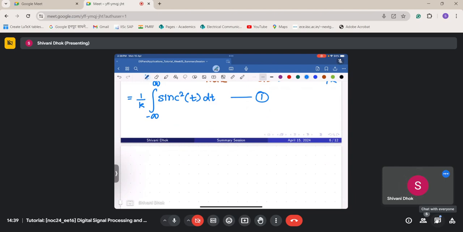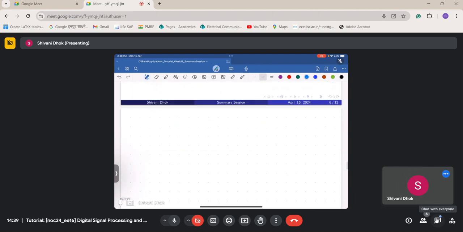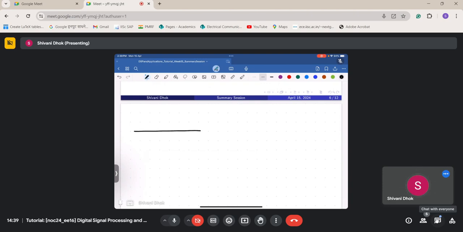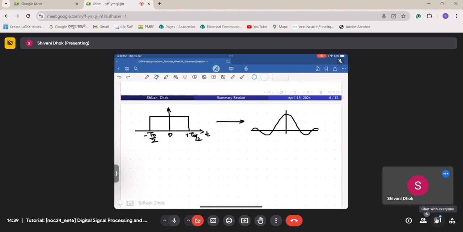So now, one small thing that I would like you to keep in mind is, if this thing here is a rect function, it will have a Fourier transform as a sinc function. I won't derive it. This is in the frequency domain, or let's say in angular frequency.